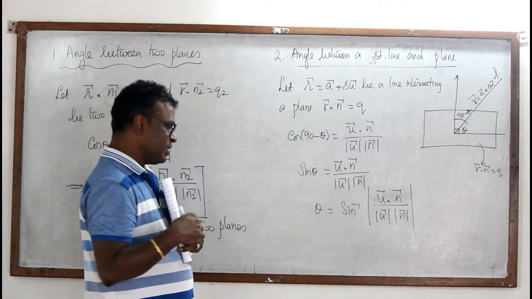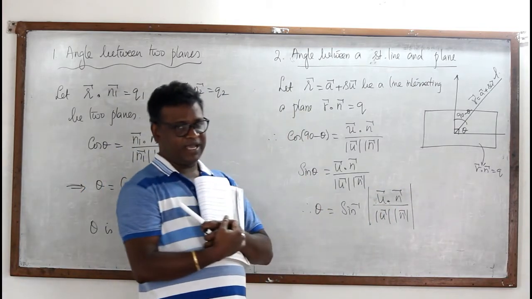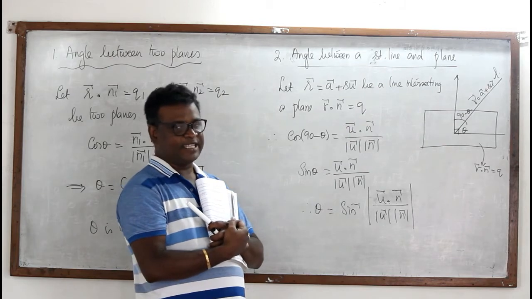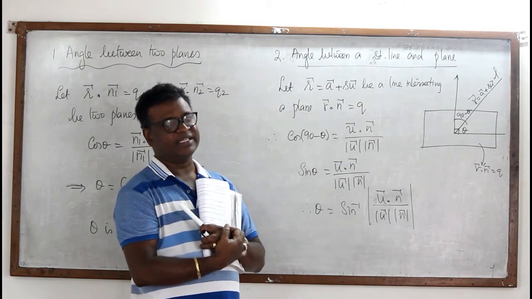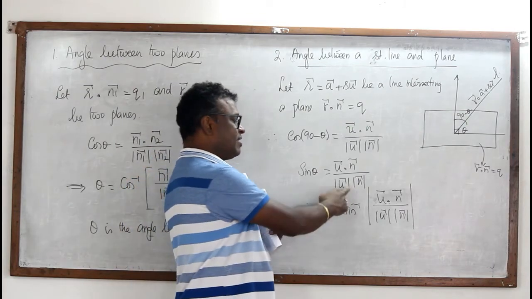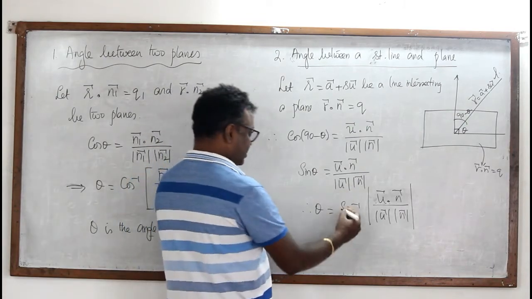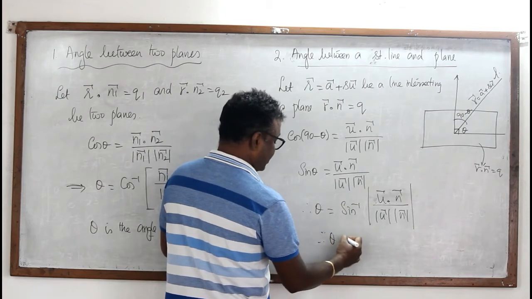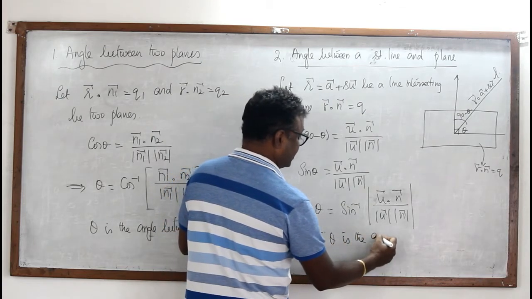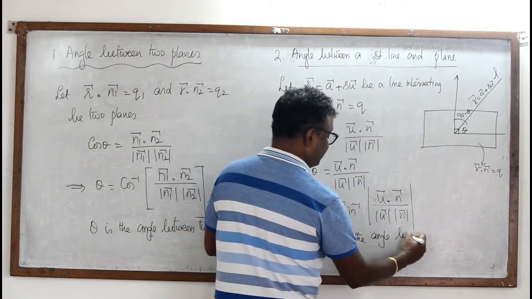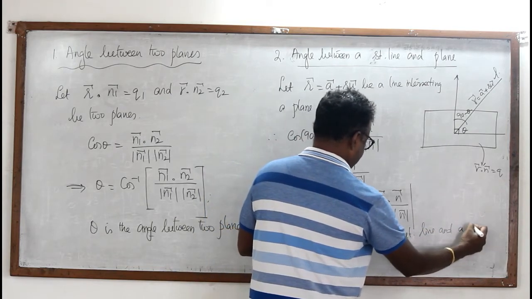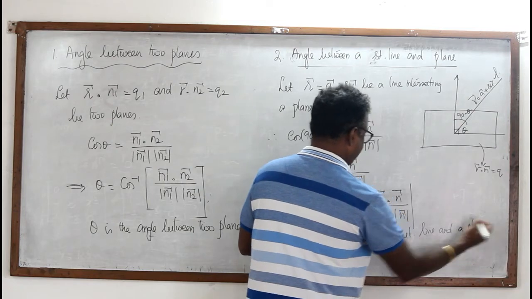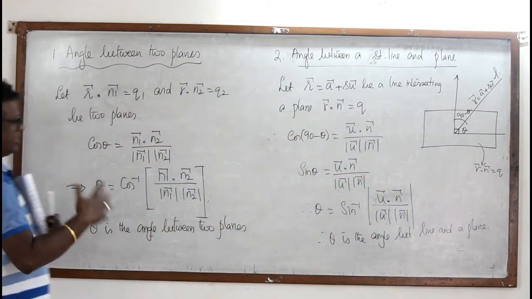Now listen here, this is a special formula, because sin theta is usually expressed as a cross product, but here this is the only formula in which sin theta is expressed in terms of dot product. Therefore here theta is the angle between a line and a plane. This is the third one.